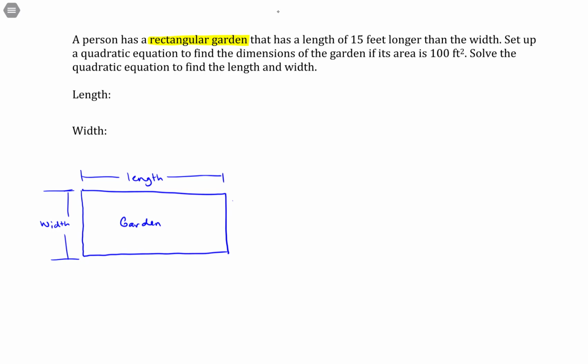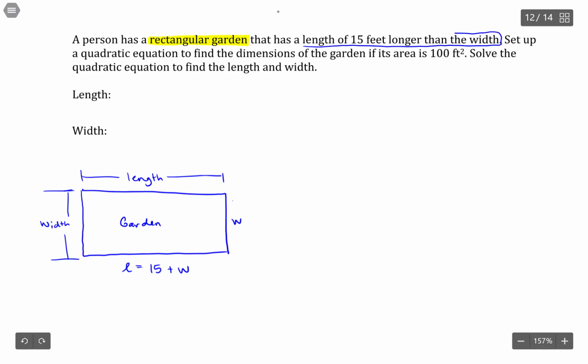Now, if that's my length and that's my width, the one thing that I know about this is whatever the width is, the length is, so the length equals, you can always replace is with equals, 15 feet longer than the width. So I've just taken this piece of information and written a formula from it.